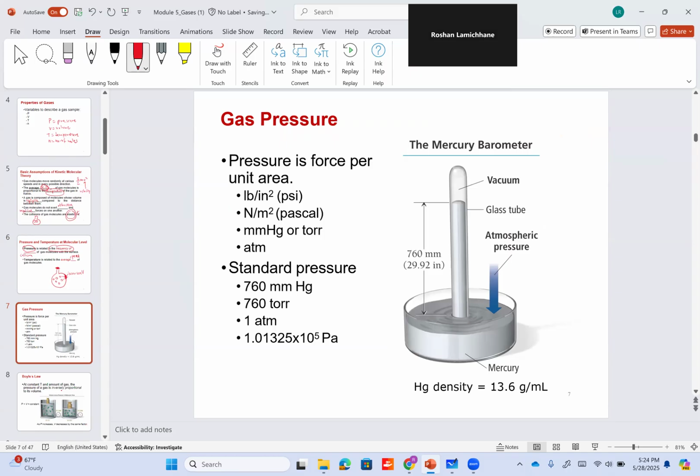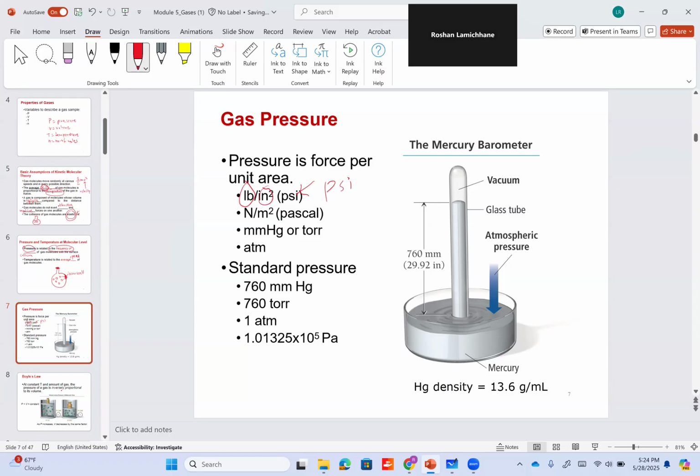So thinking about gas pressure, there are different units that can be used to measure gas pressure. You have PSI, which you might have seen whenever you fill up your car tire or even bicycle tire. The unit is in PSI, pounds per square inch.